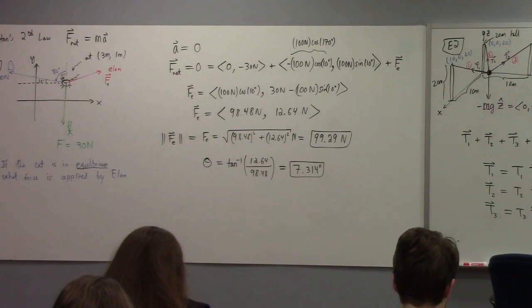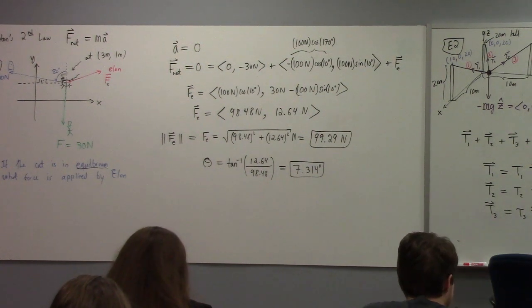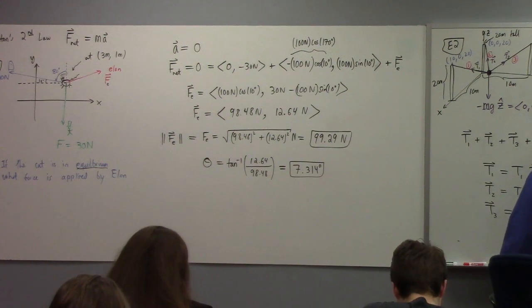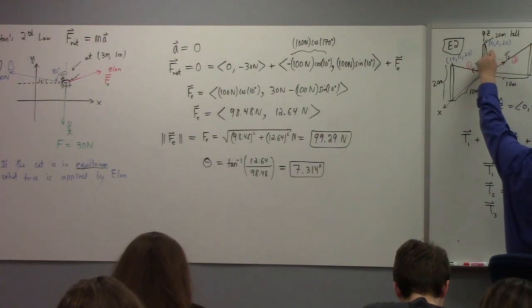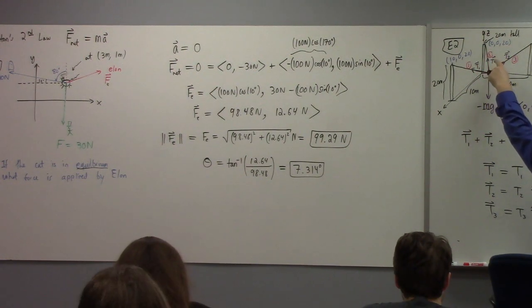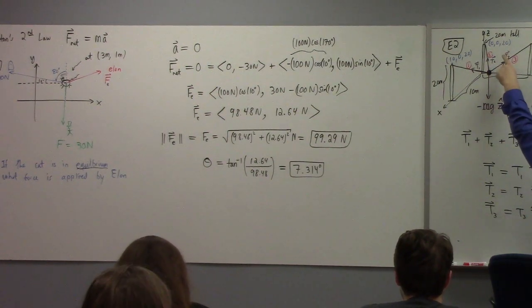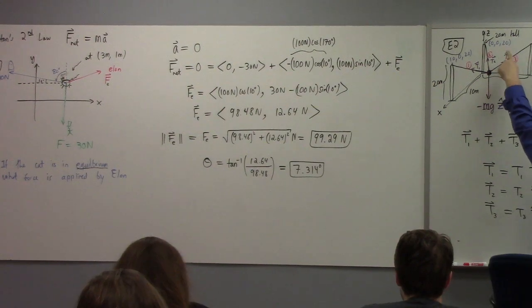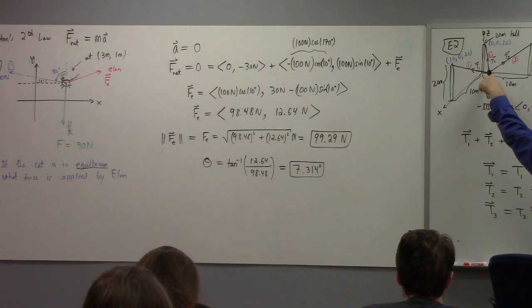All right. T2 hat should be parallel to what? It should be parallel to, let's see here, 0 minus 5, so minus 5, and then minus 5, and then I've got 20 minus that coordinate, which is 10.